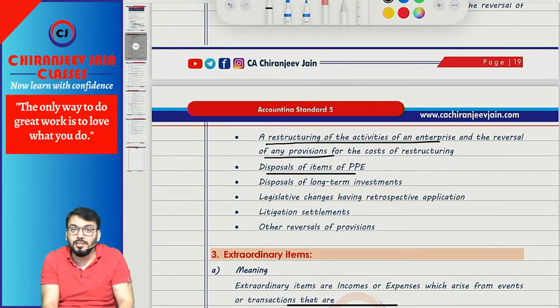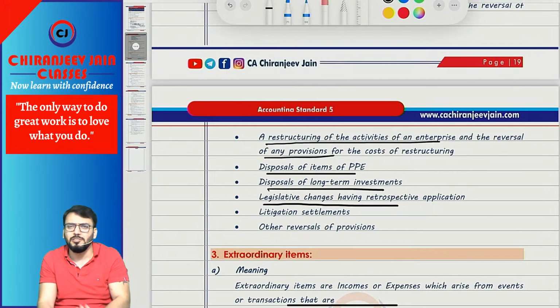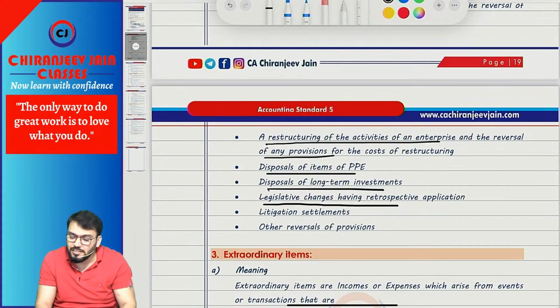Disposal of items of PP, any gain or loss on sale of PP, any gain or loss on sale of long-term investment, that will also be an exceptional item. Any legislative changes having retrospective effect, meaning due to some changes in the act there might be some expense or income for that particular period, that is also an exceptional item.